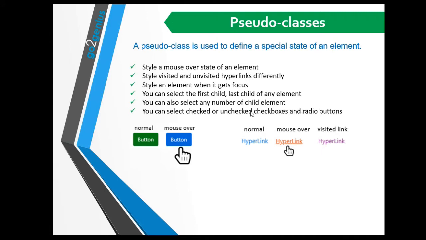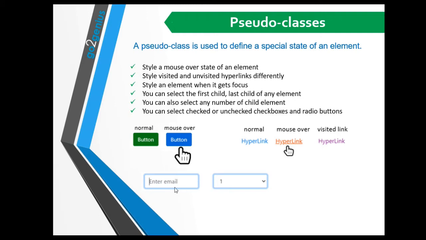Similarly, we can style an element when it gets focus. Suppose we have an input field. When the focus comes on the input field or select drop down, then a border appears on the form elements.